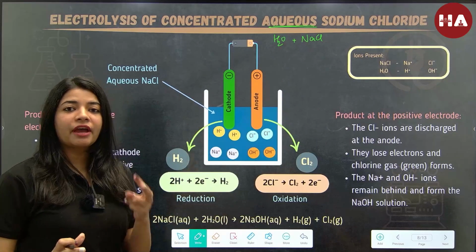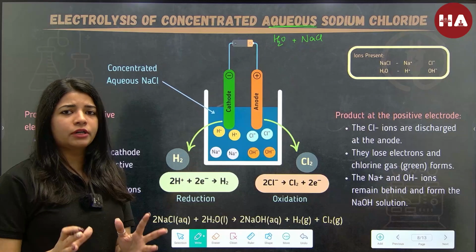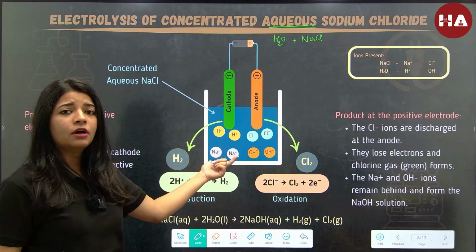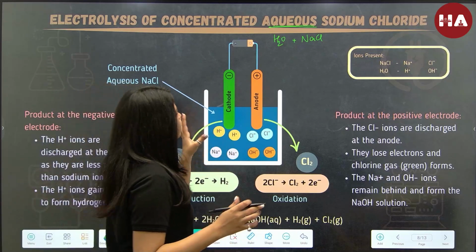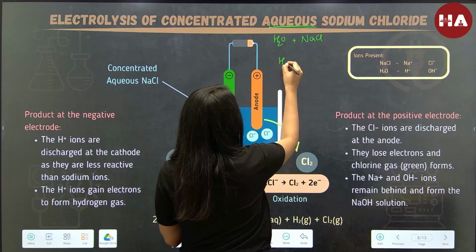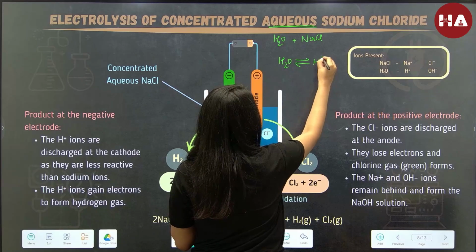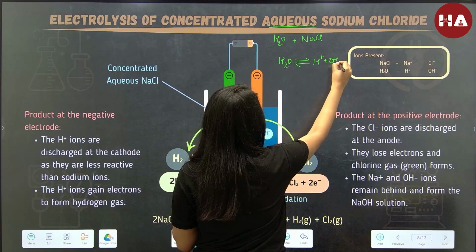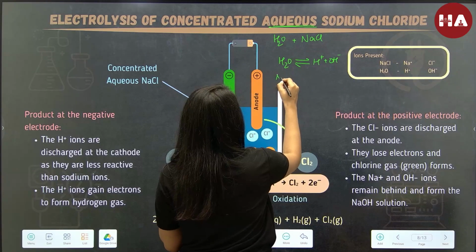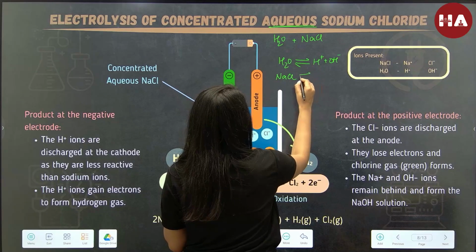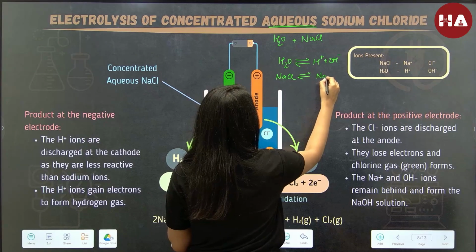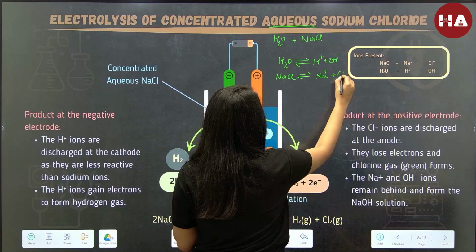Now again, we have two very important compounds present in this particular part of the apparatus. H2O will break down into its ions to produce H+ and hydroxide ion. And NaCl will break down into its ions as Na+ and Cl-.